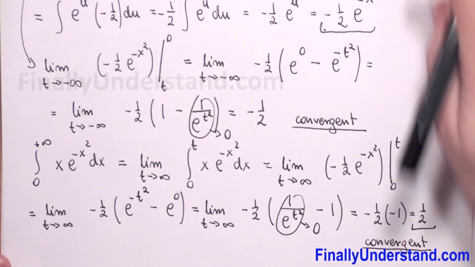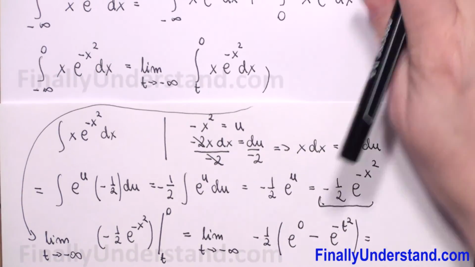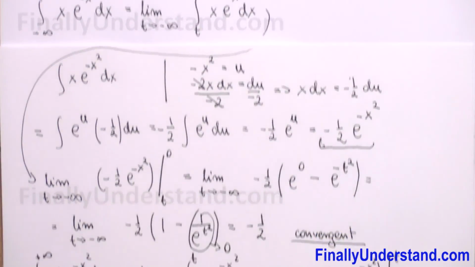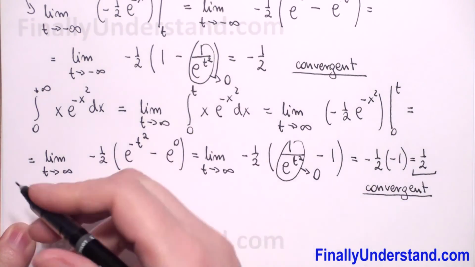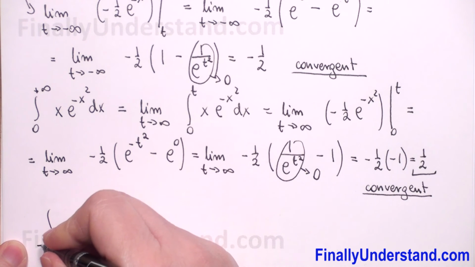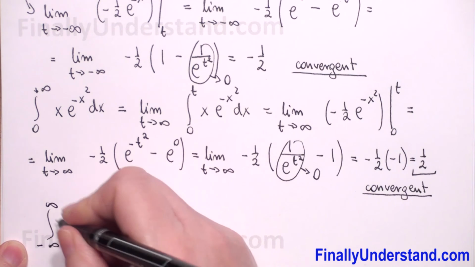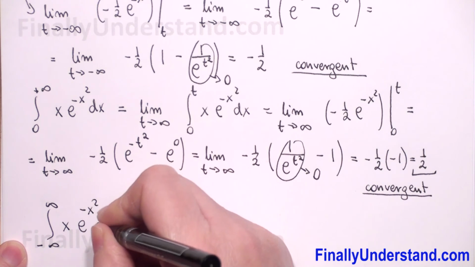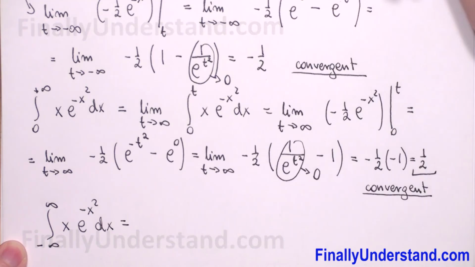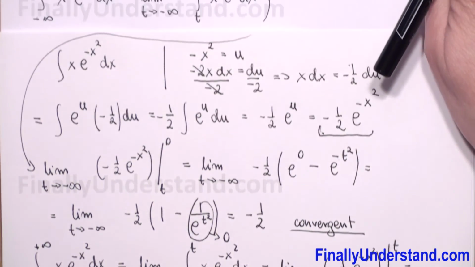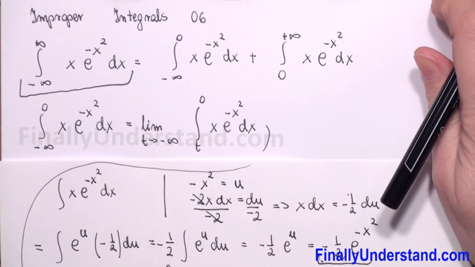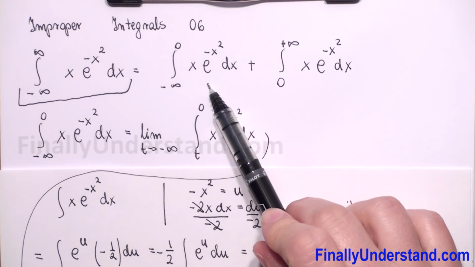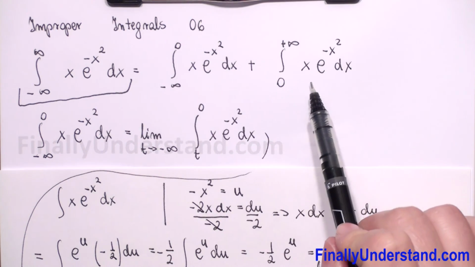So now we can rewrite our original integral, and we will have integral from negative infinity to infinity of x times e to power negative x squared dx. This is equal to the sum of these two integrals, since we split it. We found this integral and that one.